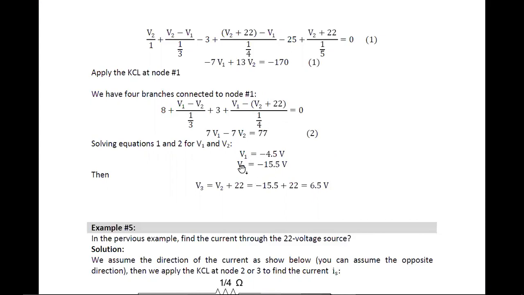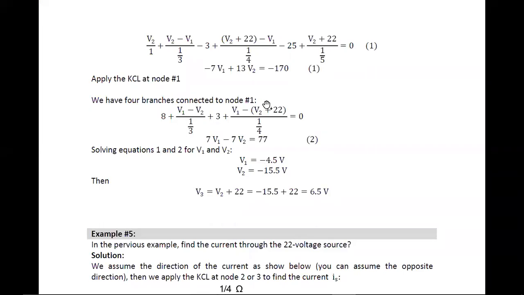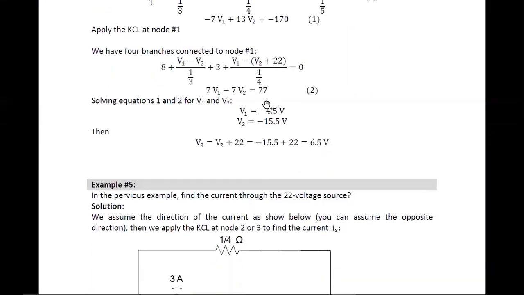After you get V2, if you substitute the V2 value in the V3 super node, you will get V3 itself. So V3 is 6.5, V2 is minus 15.5, and V1 is minus 4.5. This is the way of solving if a voltage source is connected between unreferenced nodes, right? Hope you are clear.